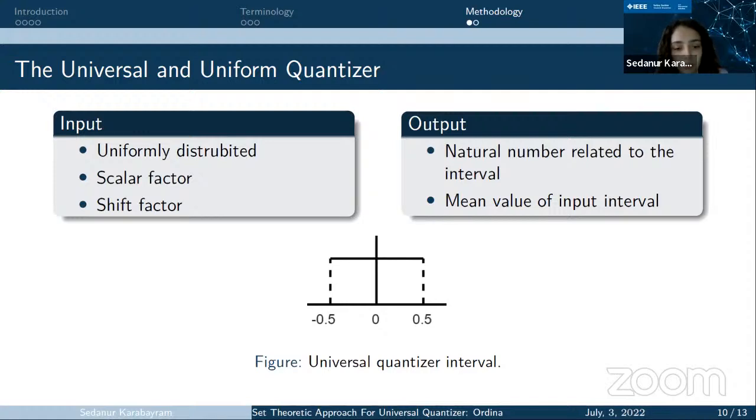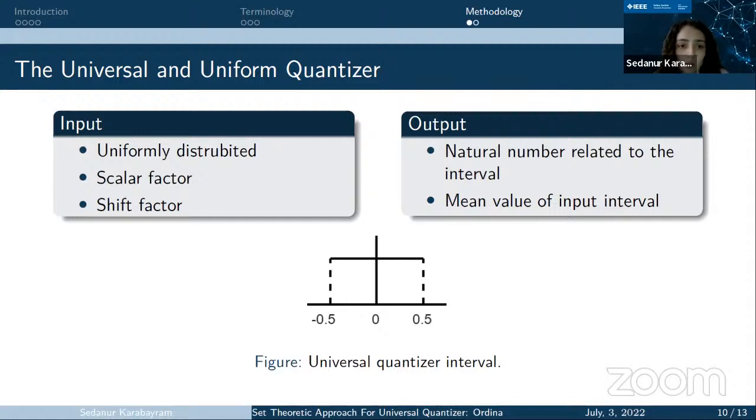Its input is a continuous, finite, real interval, and its output is a natural number that represents the interval. So we can design a universal quantizer doing the same job that can be used for every interval. We just need to convert the interval into the desired interval.